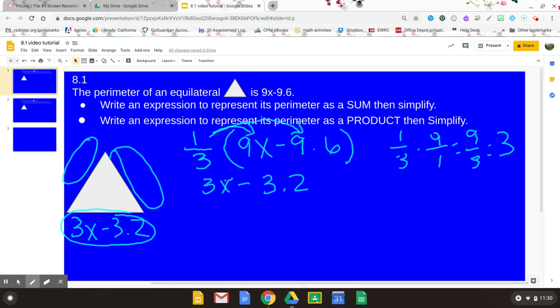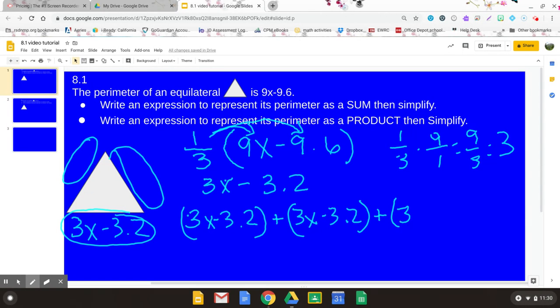So I'm going to go 3x minus 3.2 plus 3x minus 3.2 plus 3x minus 3.2 equals 9x minus 9.6. So that's the first bullet that they want us to solve.